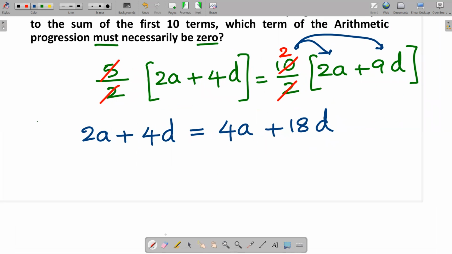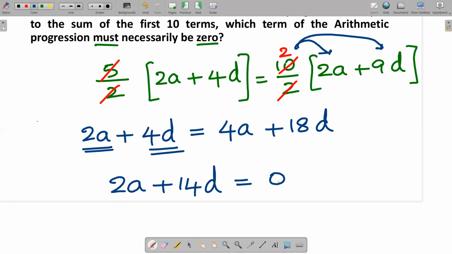Now, I am going to take this 2a onto the right-hand side, and 4d also onto the right-hand side. So I have 2a plus 14d equal to 0.